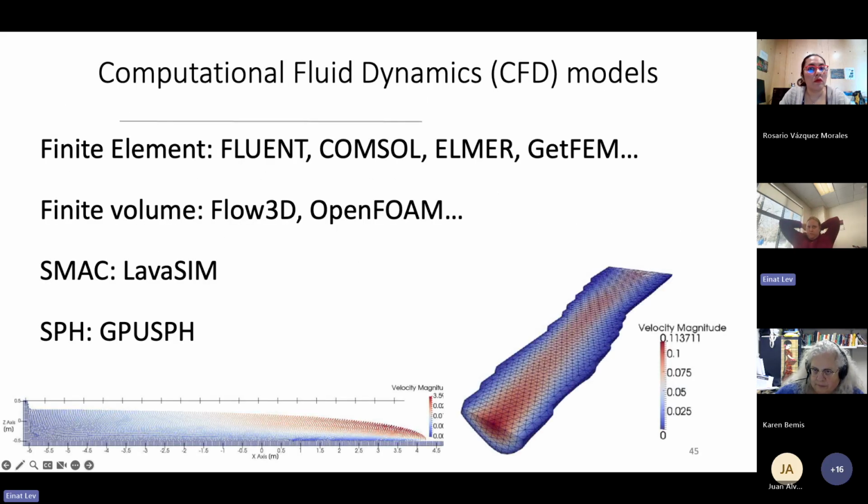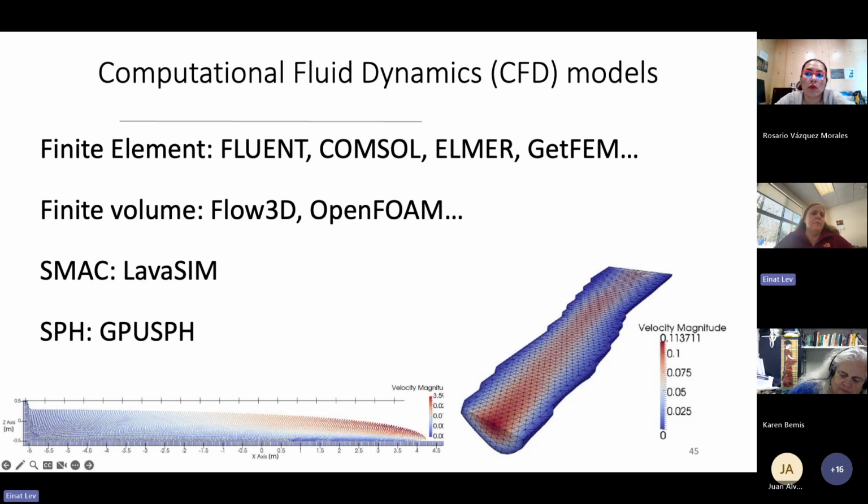Just a tad bit about computational fluid dynamics kind of models that have been used to model lava flows, mostly for researching specific processes, like the impact of geometry of the channel, the impact of the crust, things like that.